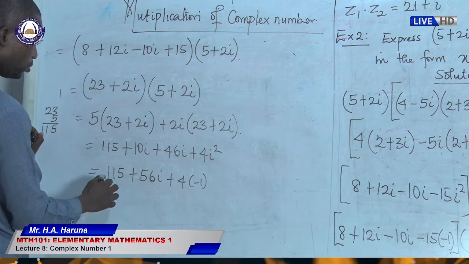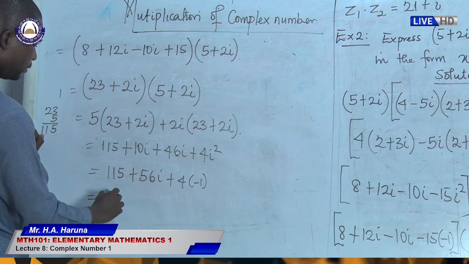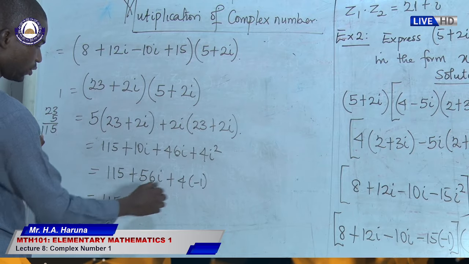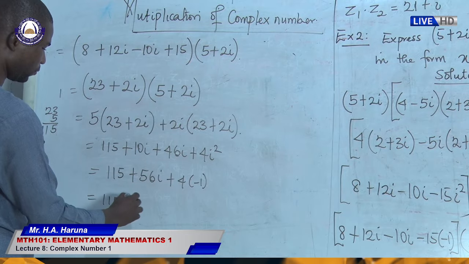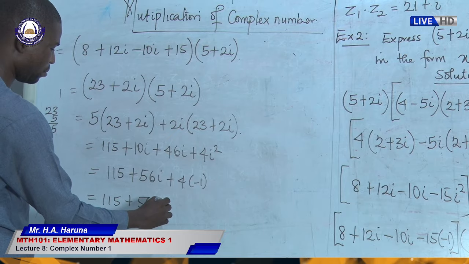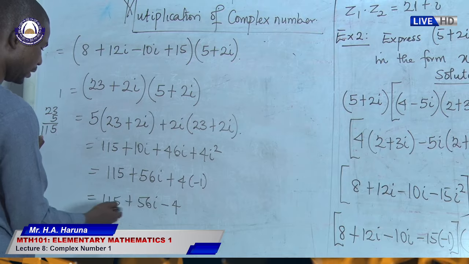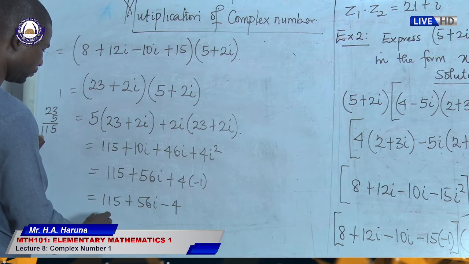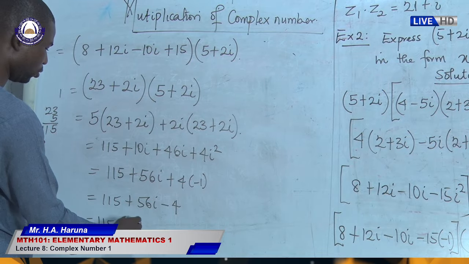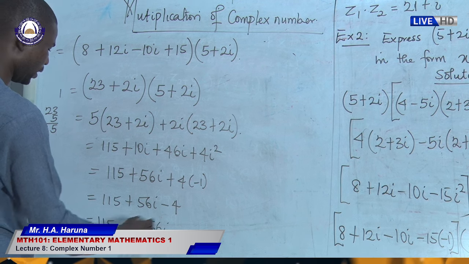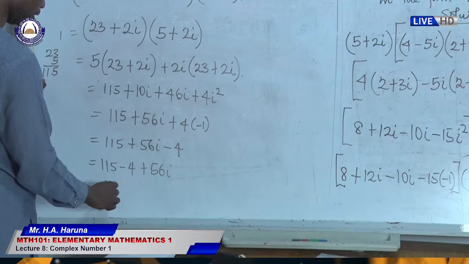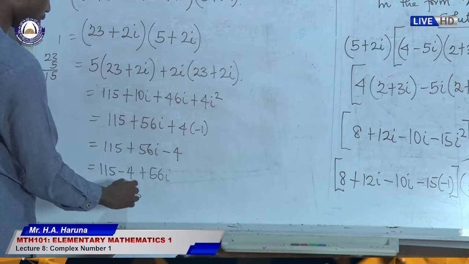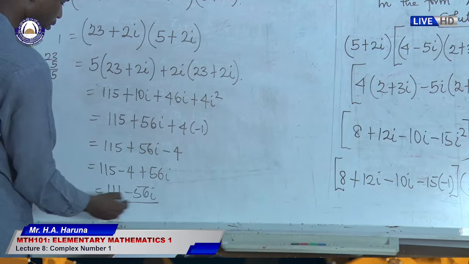So which is equal to 115 plus 56i minus 4. Now let the like terms come together. So 115 minus 4 plus 56i, which gives us 111 plus 56i. This is our final answer.